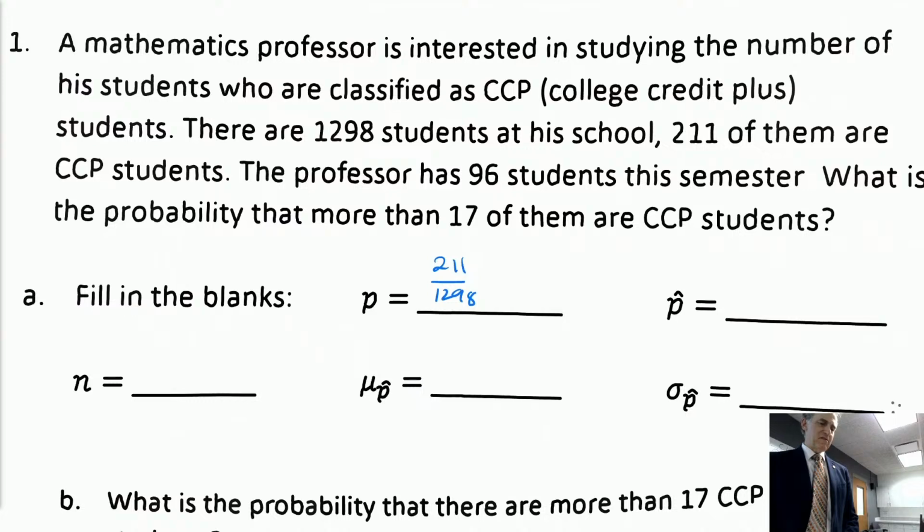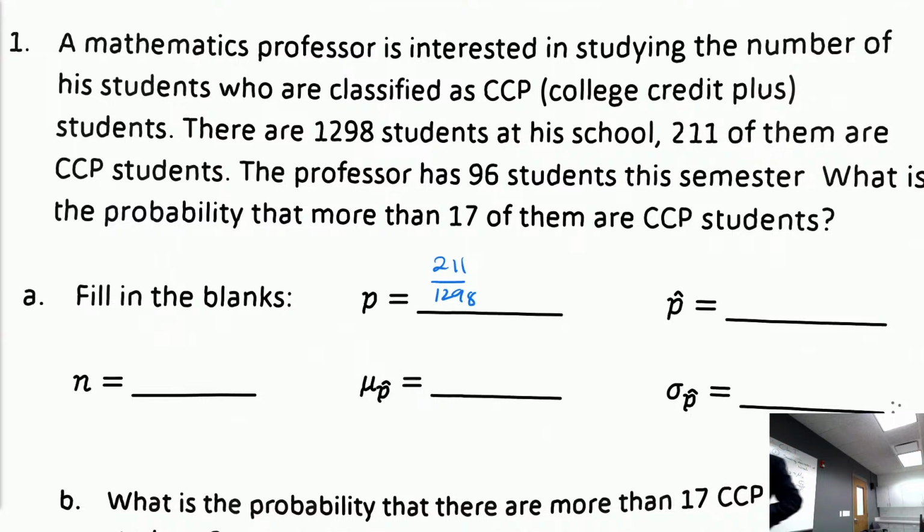Fill in the blanks. First of all, the P there, think of that as being the truth, or the thing that's true for the entire population, whatever you want to think of it as. As we move forward, we're going to be making predictions about the truth. That is to say, we won't know what the truth is, but we're going to gather statistics to hopefully point us to the truth.